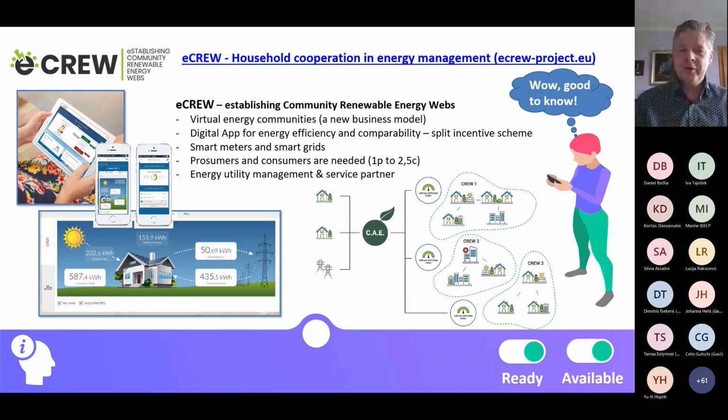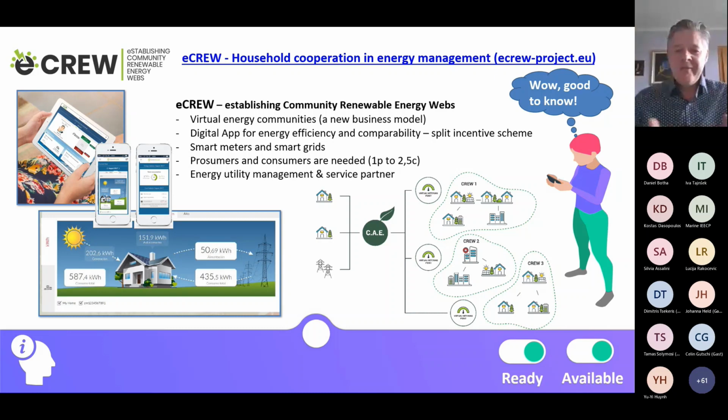And this virtual platform, a digital platform, actually connects the energy retailer or energy utility with the different households, creating an energy community, so to speak. And this digital platform gives a lot of opportunities to the single households, to consumers and prosumers.